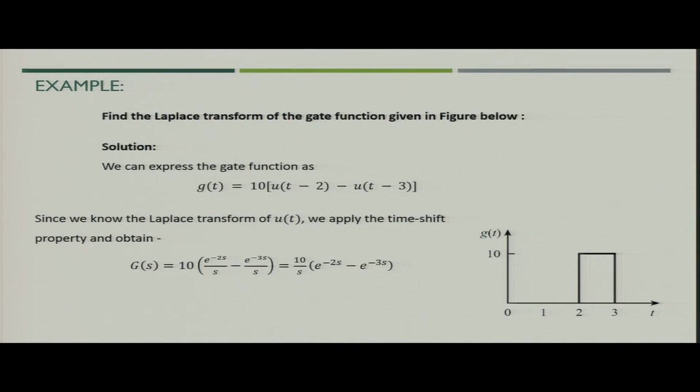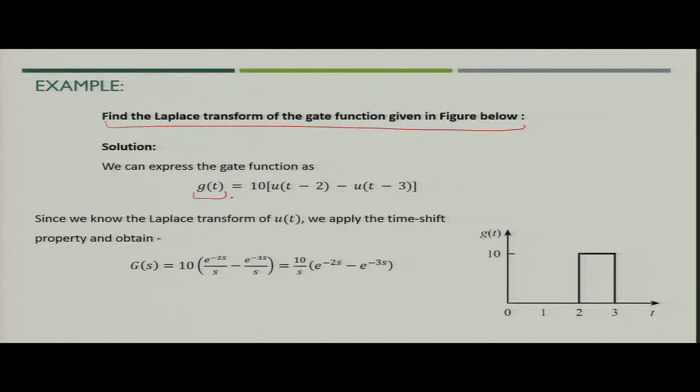Now, next, if we are asked to find the Laplace transform of a gate function. What we can see here is a gate function which starts at 2 and completes at 3. So, you can say that this particular function is a combination of two unit step functions. How?